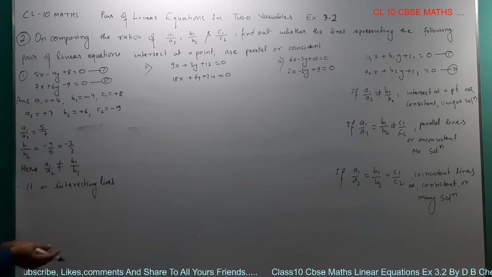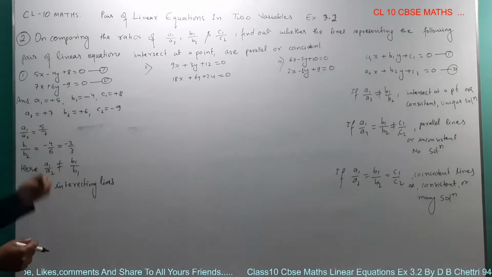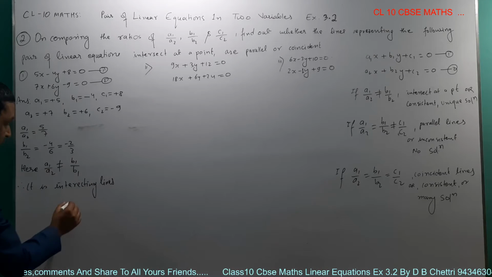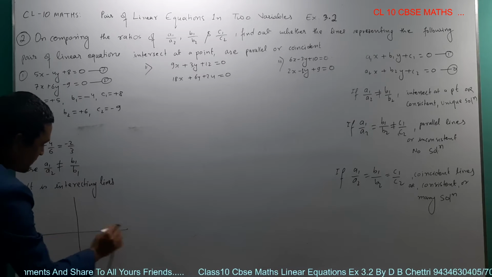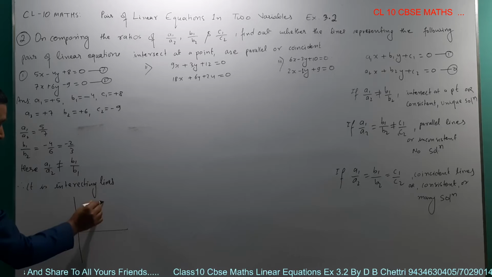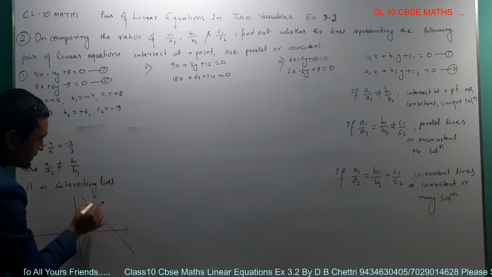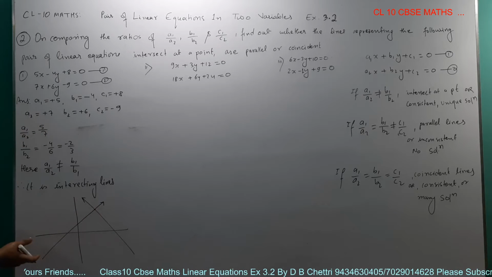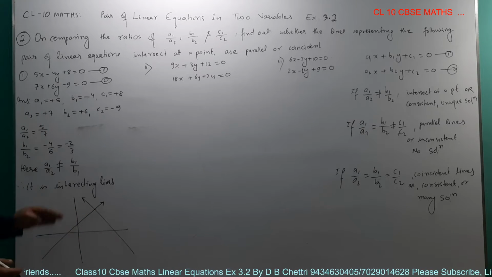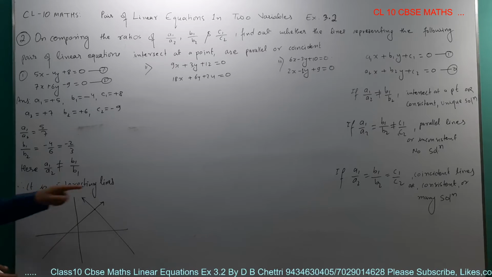If you want to draw the graph of this kind of equations, then you will get this type of graph. This is the x-axis, y-axis. They intersect at a point. This is the graph of two equations, and they intersect at a point. This type of graph is called intersecting lines.